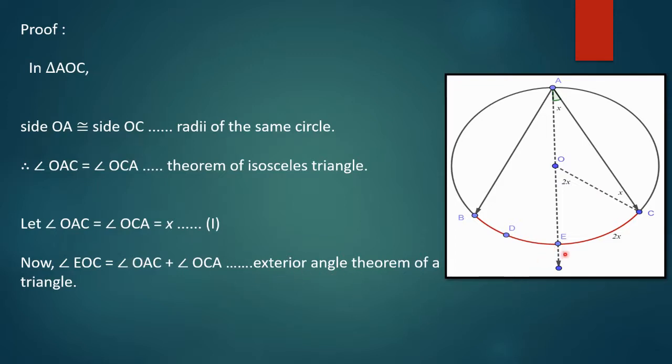That is, angle EOC will be equal to the sum of the two remote interior angles, that is, angle OAC plus angle OCA. Therefore, OAC and OCA, both we have considered to be x, so we can substitute it, x plus x, which will be 2x degrees. Therefore, I can say that angle EOC is 2x degrees.